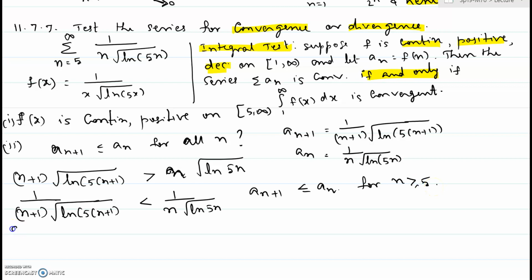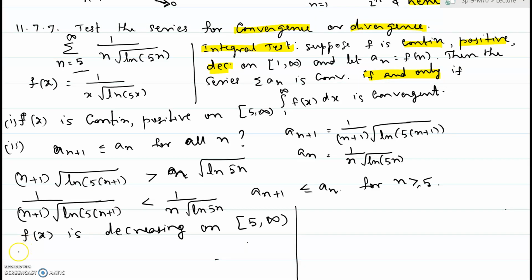So we can say the sequence a_n, or in this case the function f of x, is decreasing on the interval 5 through infinity. We take 5 through infinity here because the series starts only at 5. So we have all the required conditions.